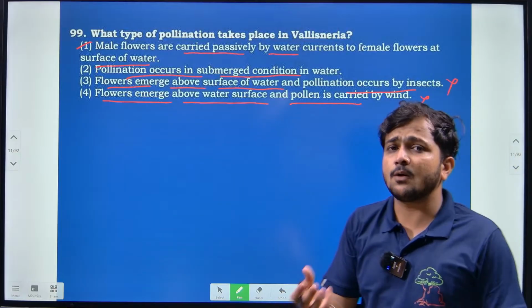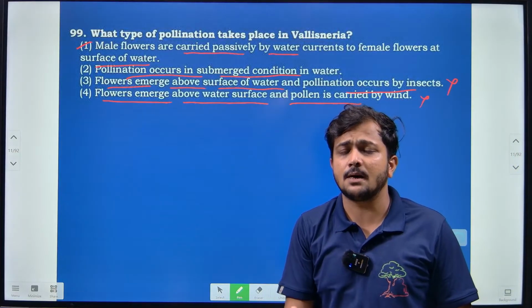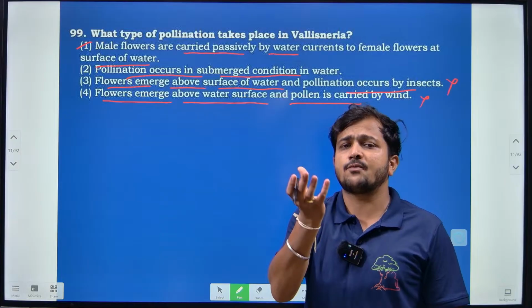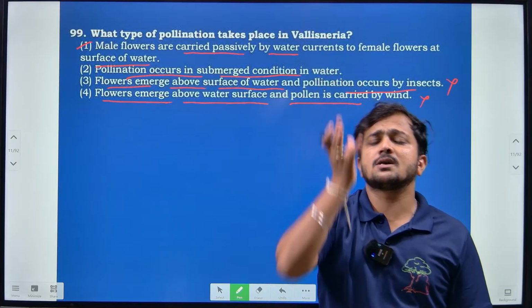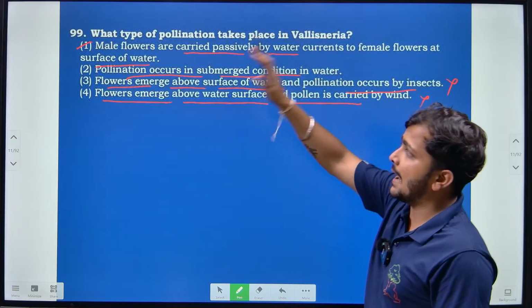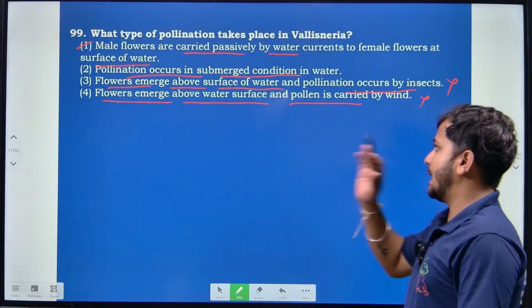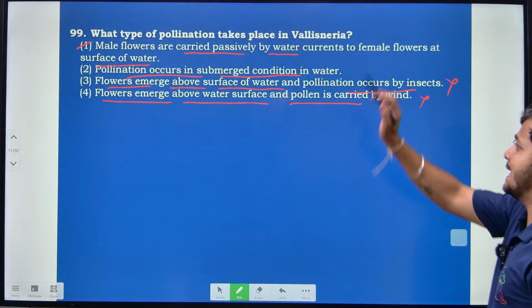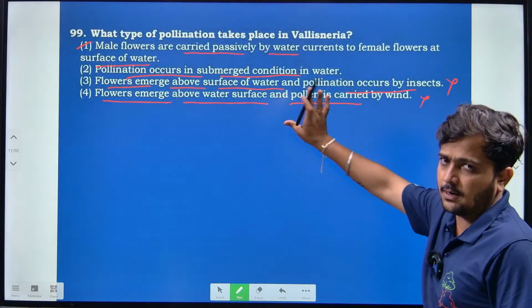The female flower, which is submerged, forms a stalk and reaches the surface of water. Then pollination takes place, right? So option 1 is correct.